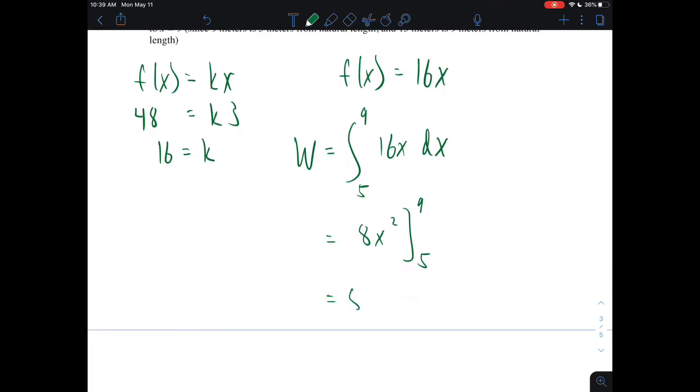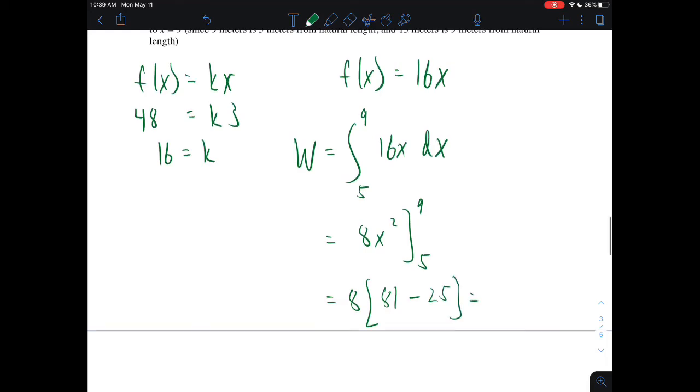So this gives me 8 times 9 squared, which is 81, minus 5 squared, which is 25. So 8 times 56, and 8 times 56 is 448. And this would be joules.